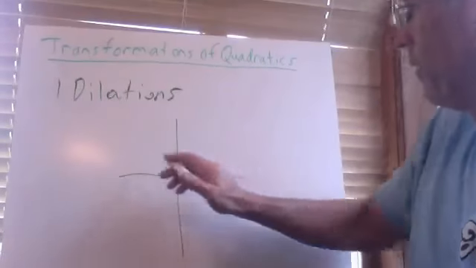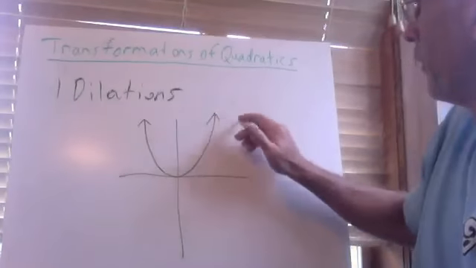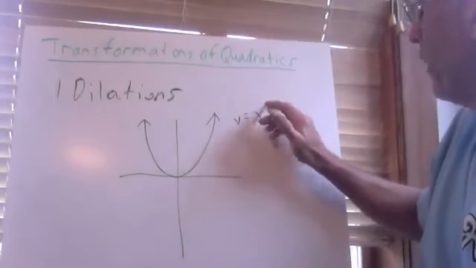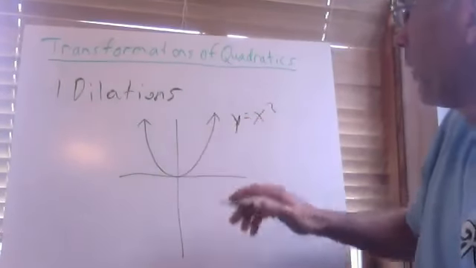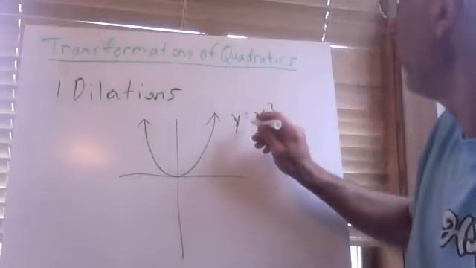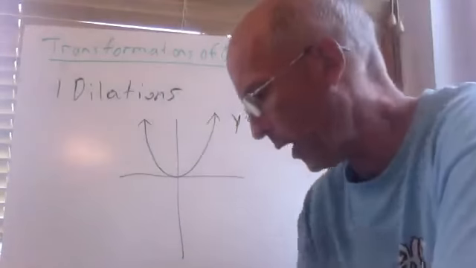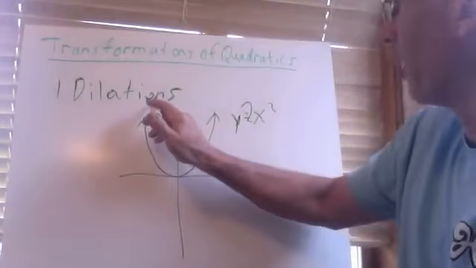So if I start off with our original one, y equals x squared, if I want to make that go up twice as fast and be skinnier, I simply multiply it by 2. Our new parabola then would look kind of more like this.